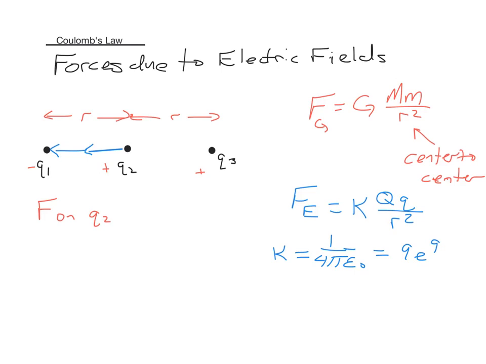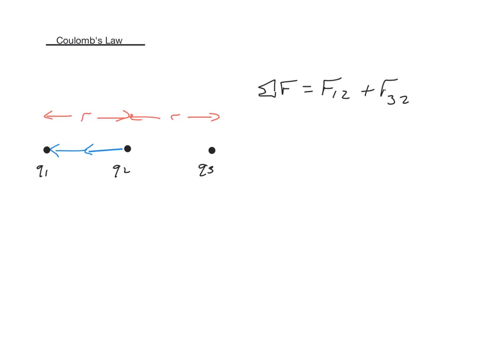Now with multiple forces, we just have to sum them up vectorially. So we have the force of charge 1 on 2 and the force of charge 3 on 2. And we substitute our values into the Coulomb's law equation. Now, since the force on 2 from 1 is to the left and the force of 3 on 2 is to the left, those are both negative forces.